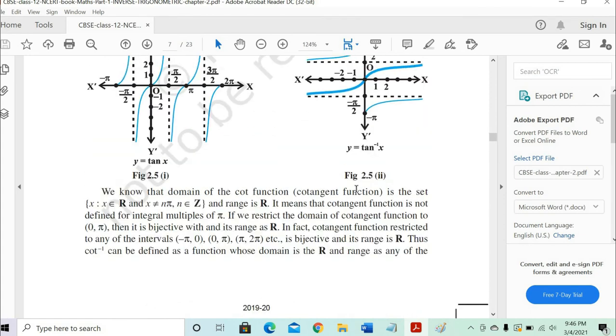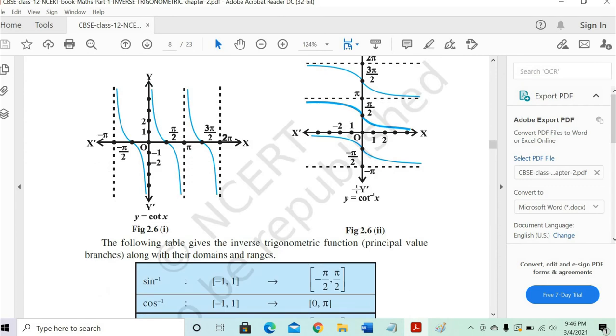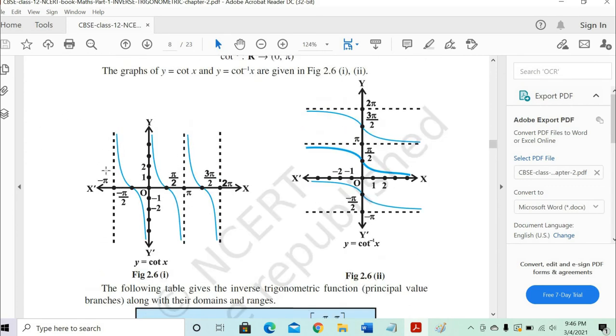Now tan inverse x is done. Let's go to cot inverse x now and try to finish it. Let's draw the figure for the first part.